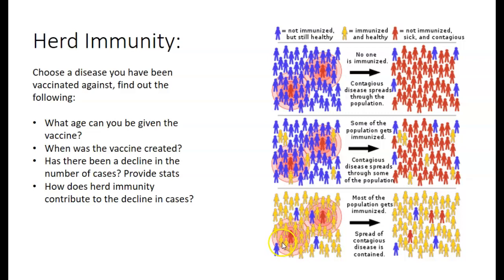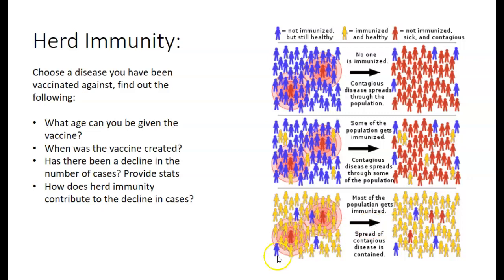If you have a population where most, and there's a stat like 90% herd immunity is ideal, where most people in the population are immunised, even though we've got these few people that aren't immunised, it's very difficult for that disease to be passed on to those unimmunised people.